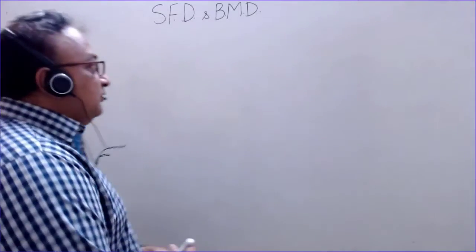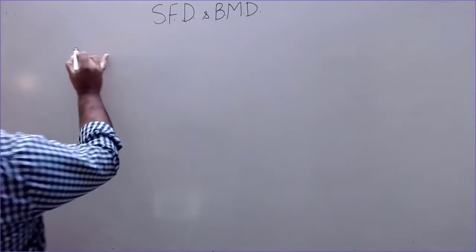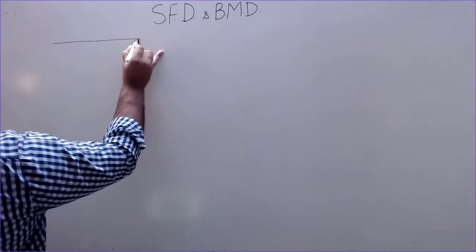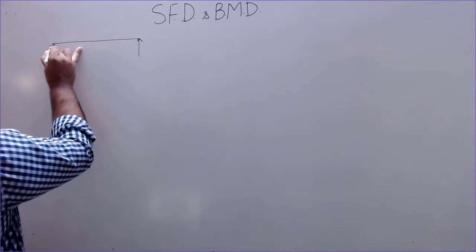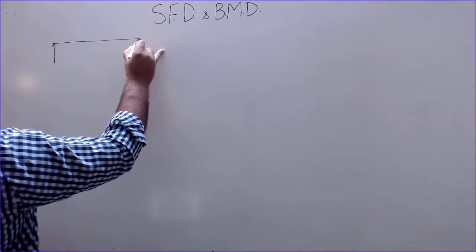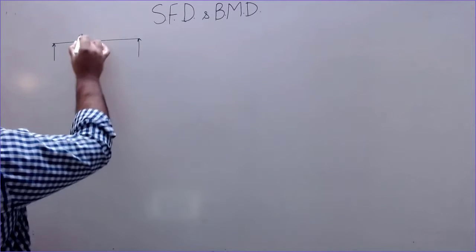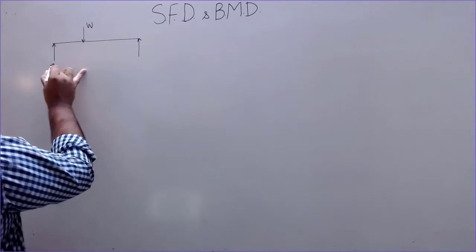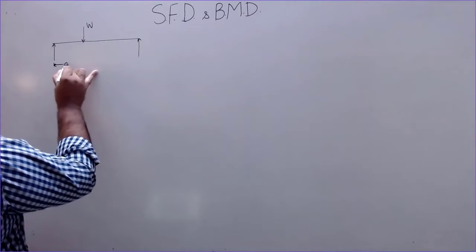So first of all we have a simply supported beam. The beam is simply supported at its two ends and it has a point load W at any point in its span.